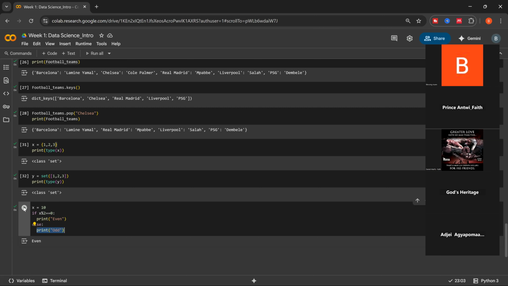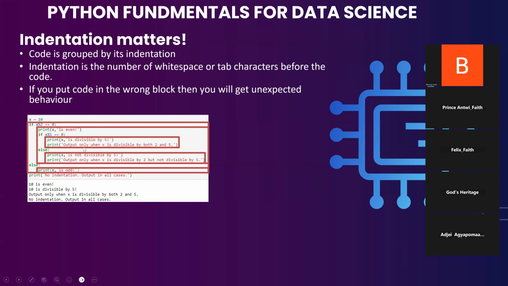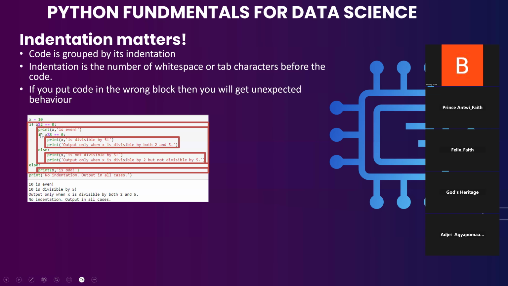Please, you get me? So when we go back to this point, print x is even. That is the first condition, is 0. Okay. Now, another condition is being set in this condition. So if this is equal to 0, the second condition: if x modular 5 is equal to 0, print x is divisible by 5.